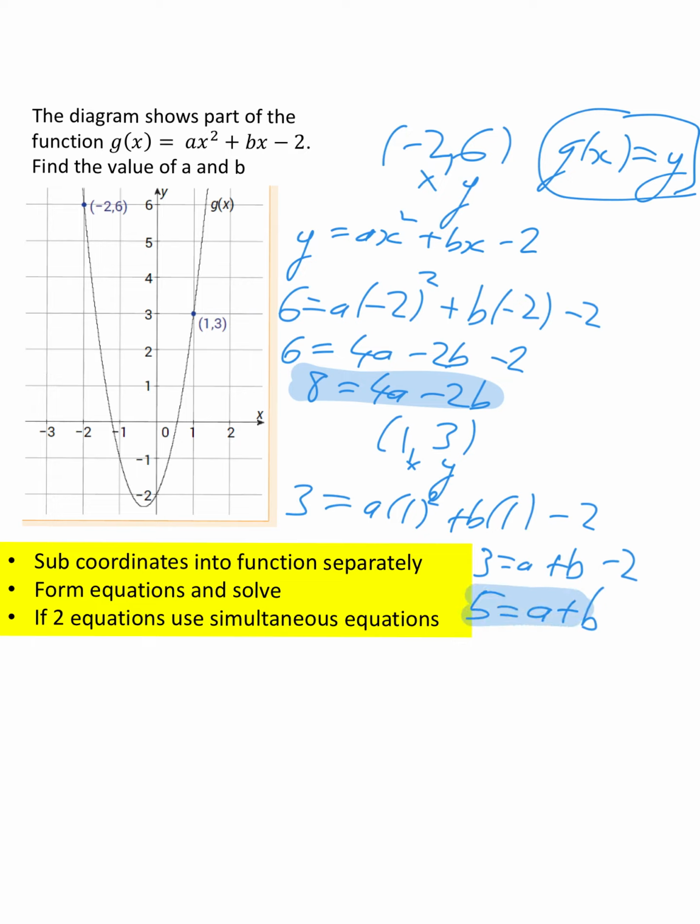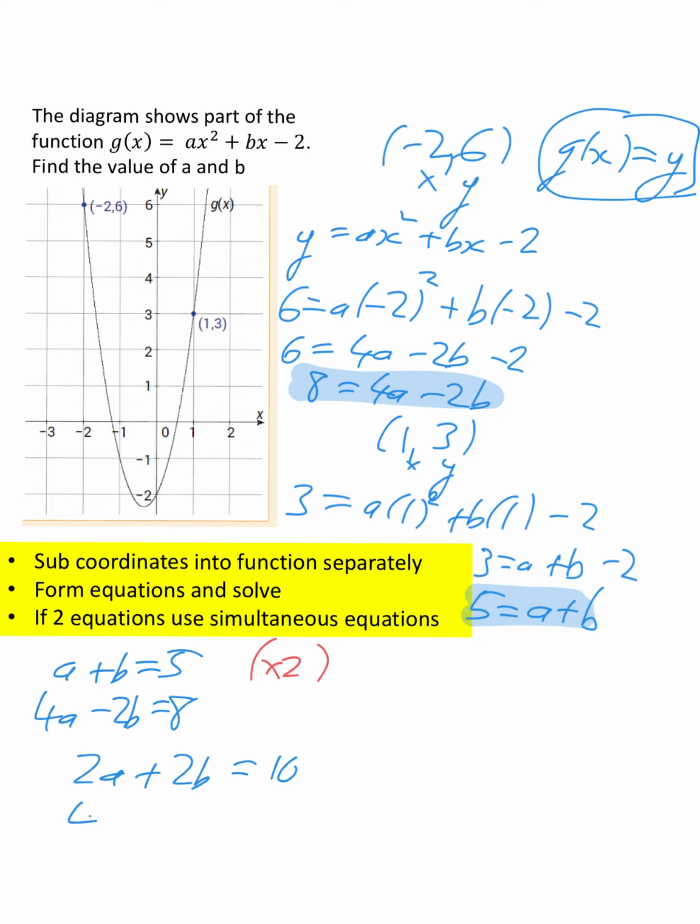Now, we have our two equations, so let's write these out separately and solve the simultaneous equations. I'm going to multiply the top by 2. So 2a plus 2b equals 10.